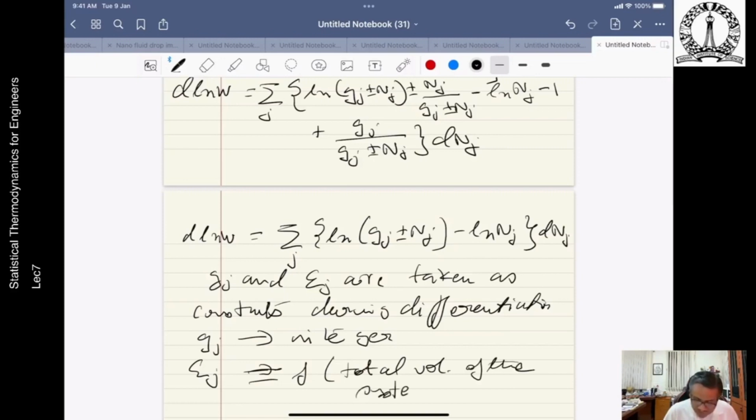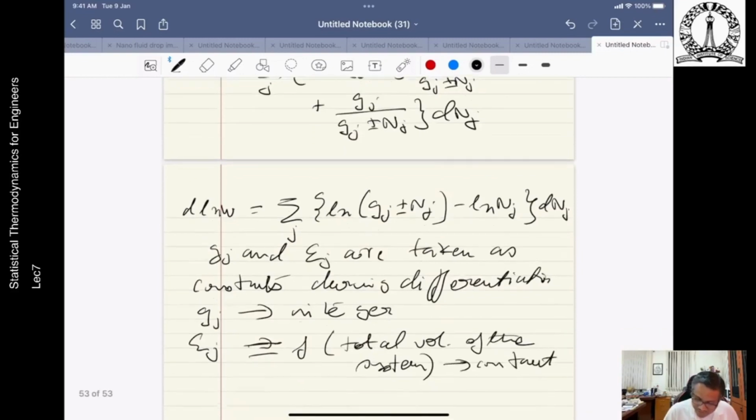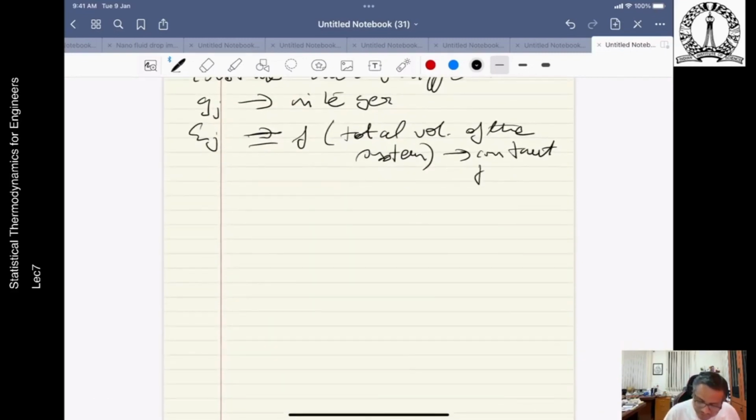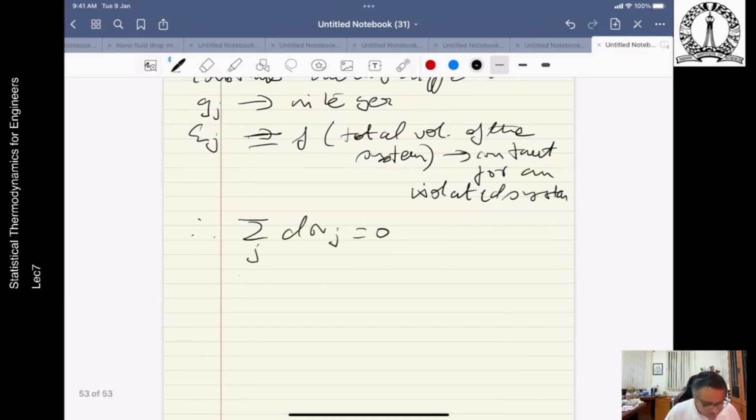And it is constant for an isolated system. So therefore, summation dnj is equal to 0, and summation ej dnj is also equal to 0.